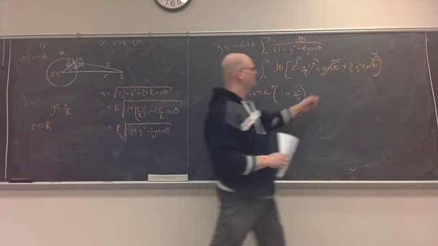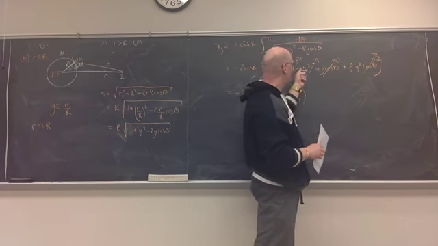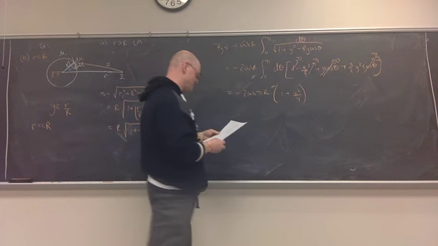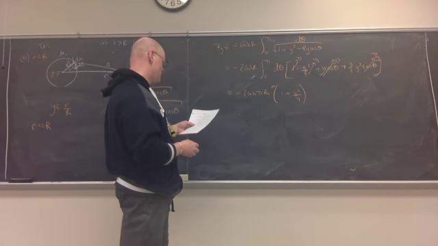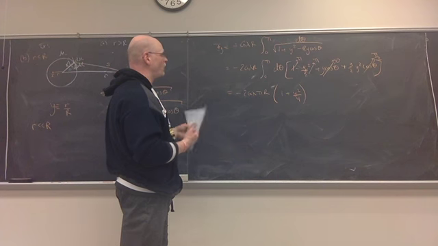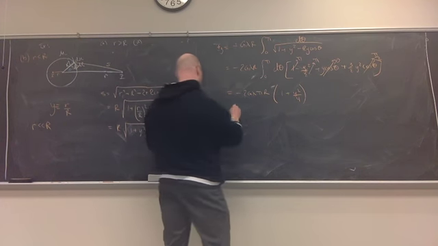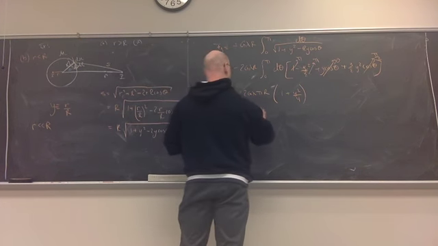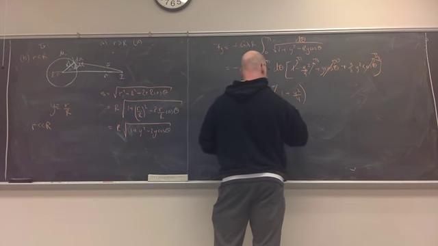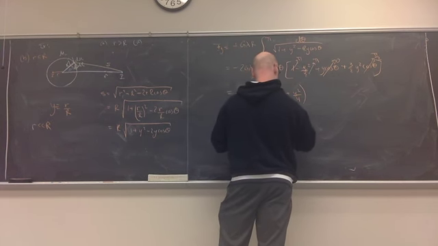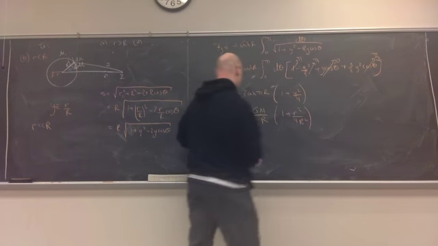Same thing as before. Here, I get a 3/4 minus a 1/2. So that becomes the same. The only difference is now I have a difference in what y is. So plugging everything in, this becomes minus gm divided by R times then 1 plus r squared divided by 4R squared.